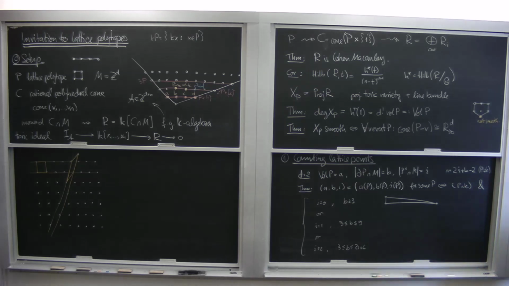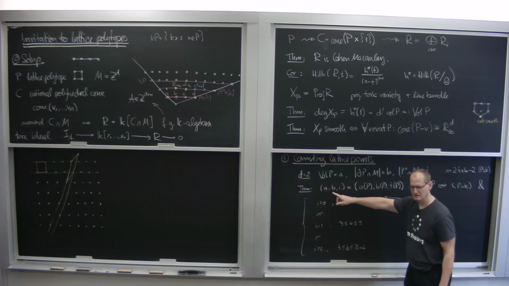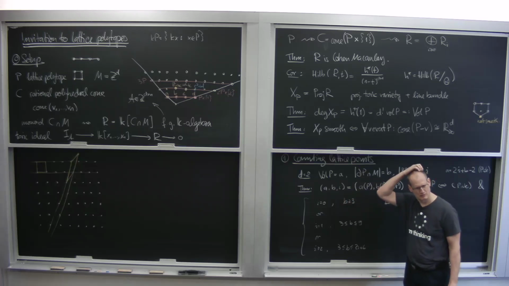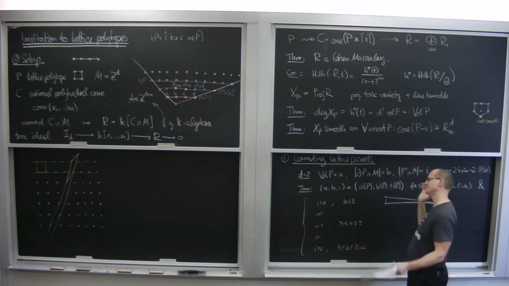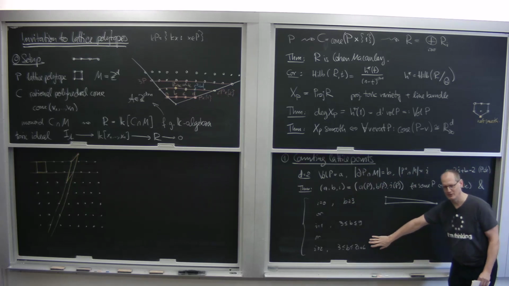So there should not be a lattice polytope which realizes the triple 524. Oh, it was B, I, A, so it was four. Yeah, so this should follow.